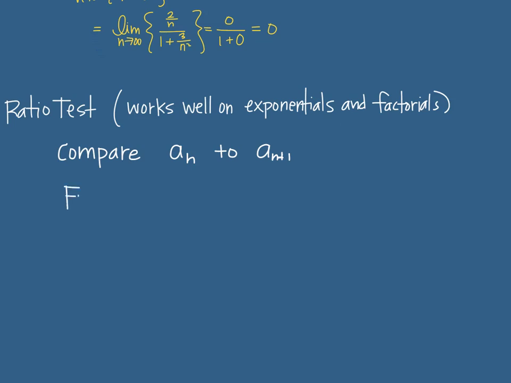And so you want to take the second one and set it up as a ratio to the first one. So a sub n plus 1 would be over a sub n as n goes to infinity.